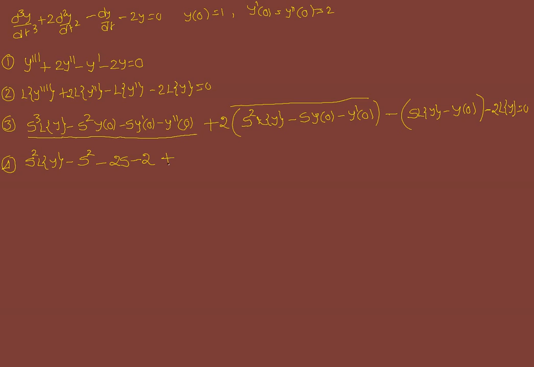Plus 2 into s square L of y minus 2s into y of 0, is equal to 1, minus 2 into y dash of 0, where y dash of 0 is equal to 2, so 2 into 2 is 4, therefore minus 4. Minus s into L of y, plus y of 0.